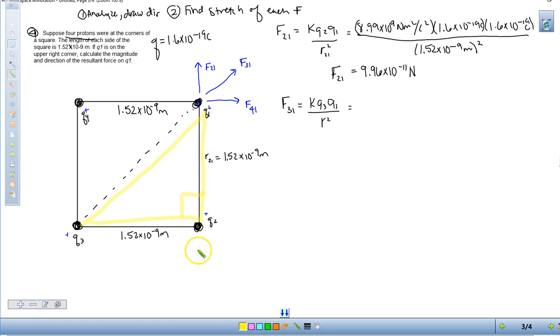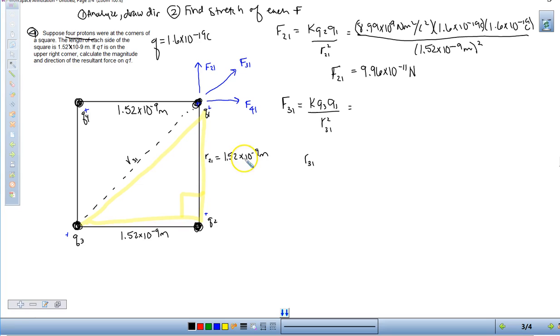So I'm going to have to do a side step here and figure out this yellow triangle. I'll leave it in there. I'm going to call this R3 to 1 because that's the distance between the two. And R3 to 1 is basically me solving the Pythagorean theorem.